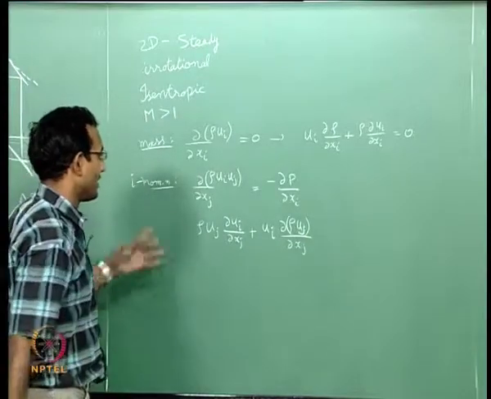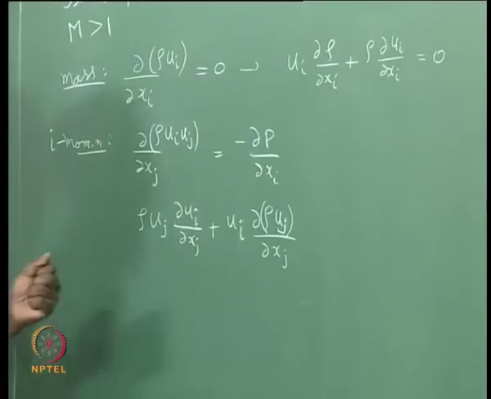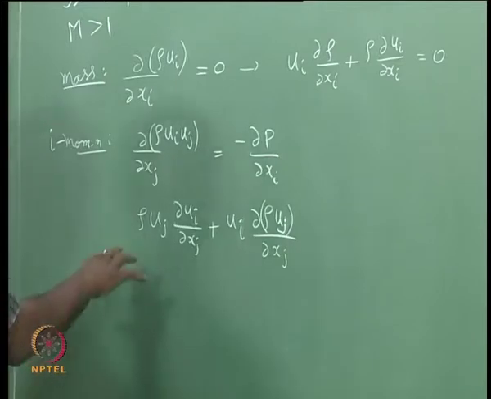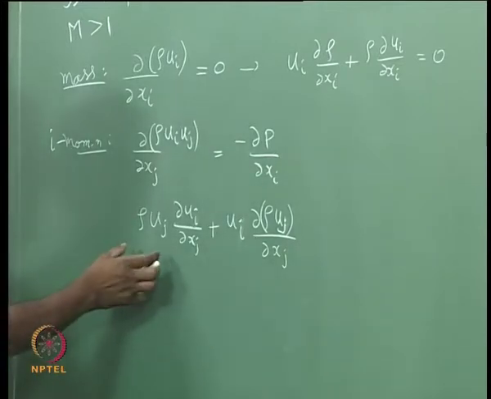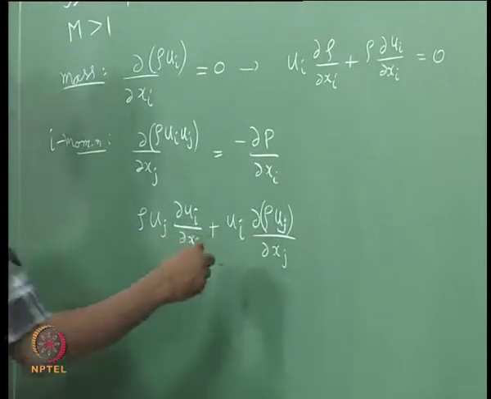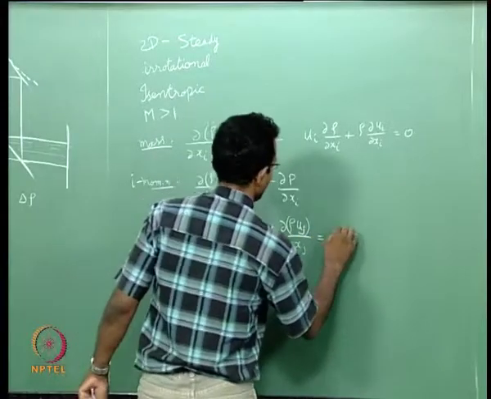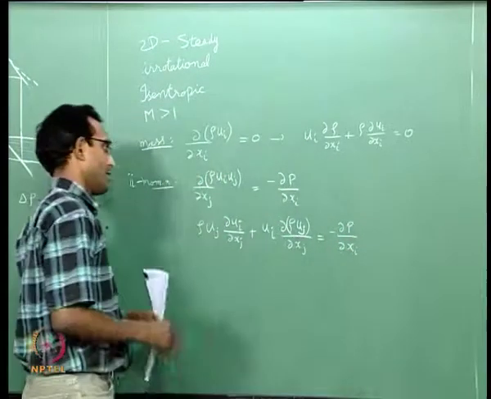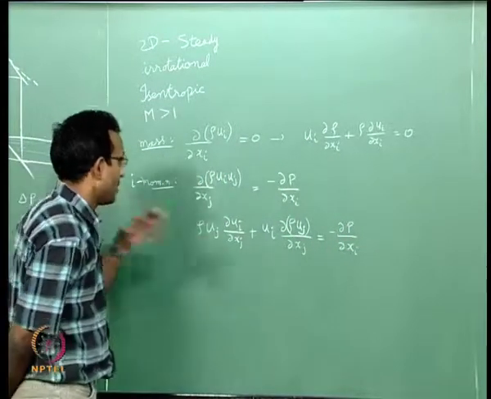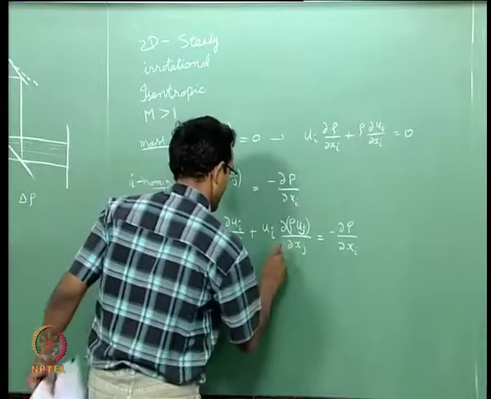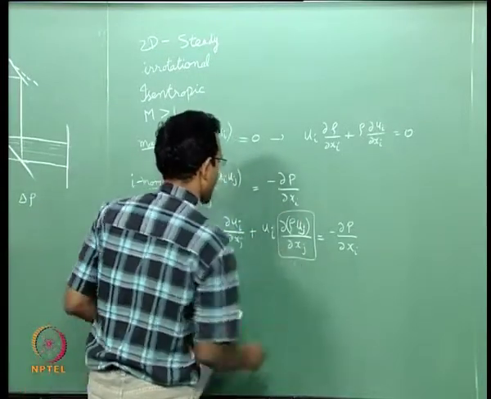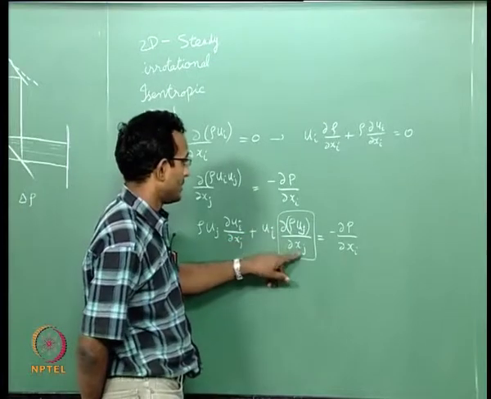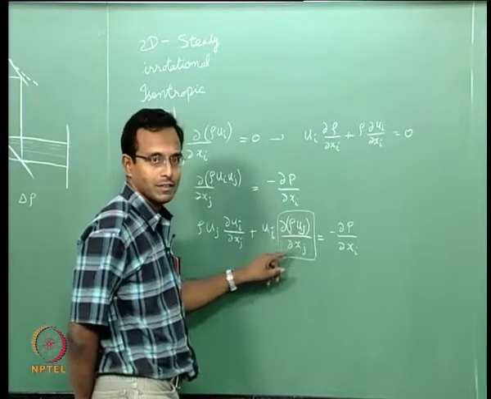Okay. It can be done the other way also, it just does not mean anything because i and j can be switched around, but this is easier to think about, rho uj as one unit and ui as the other unit. You are going to do this differentiation by parts, and this is equal to minus ∂p/∂xi. If I look at this, now I look at just this unit, this is ∂/∂xj of rho uj.